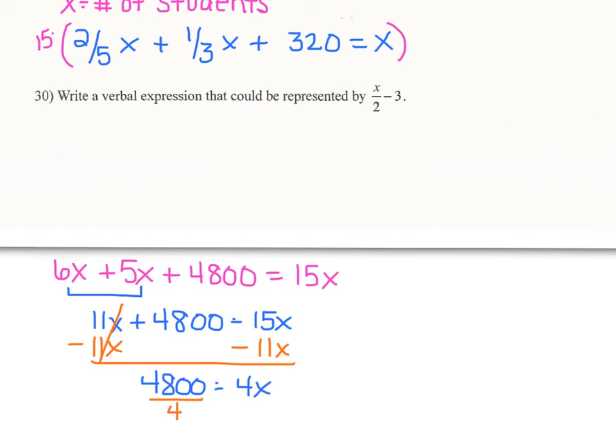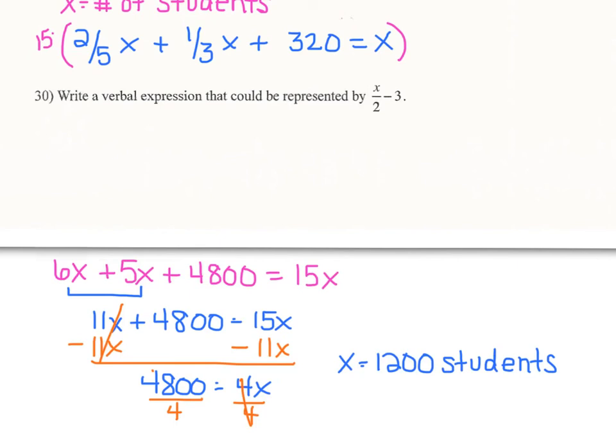Divide by 4. Divide by 4. And you should end up with x equals 1,200 students. Okay? That's how you would tackle a problem like that one.